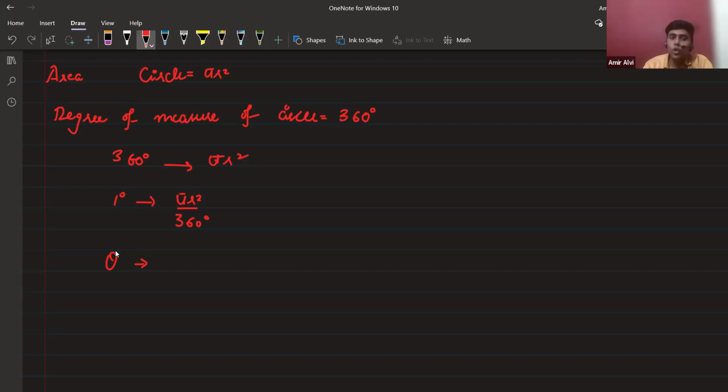I have the value of a 1 degree angle, and I need the area of the theta angle. Should I multiply theta with this part, or divide this part by theta?